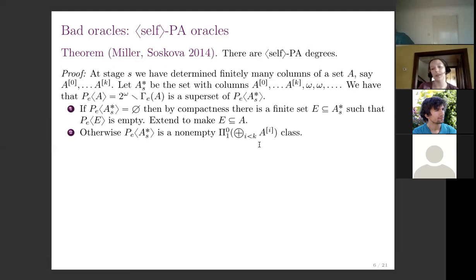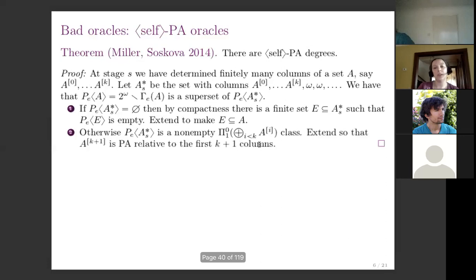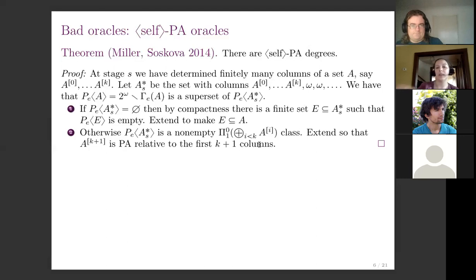So what we do here is fill in the next column by a set that's PA relative to the first k+1 many columns. And we're done. So now we can enumerate a path in this class, and hence we can enumerate a path in P_e relative to A, whatever A ends up being, because that will be larger.